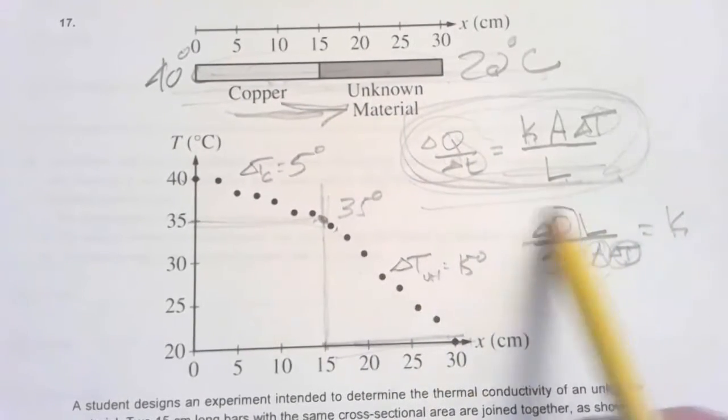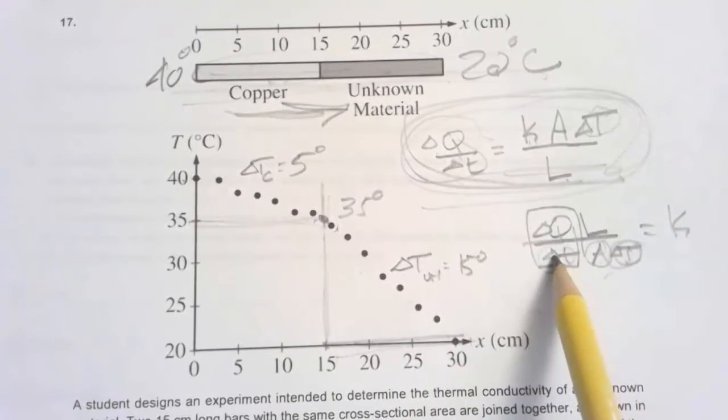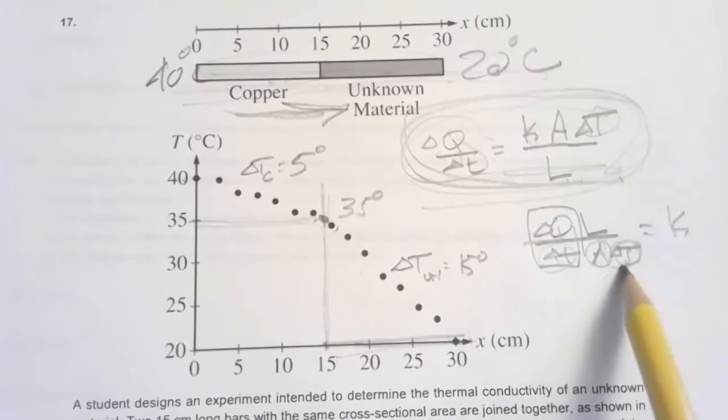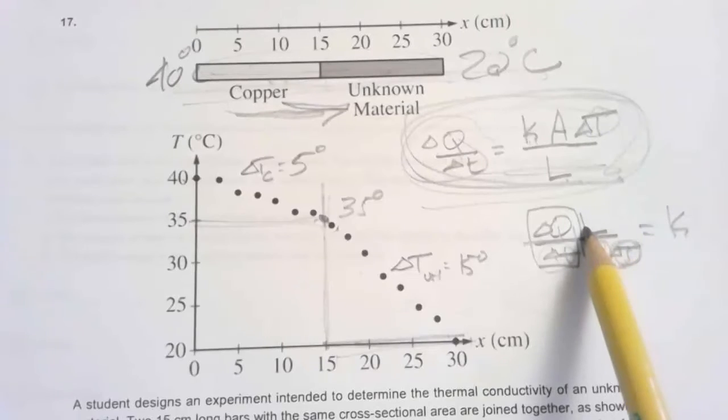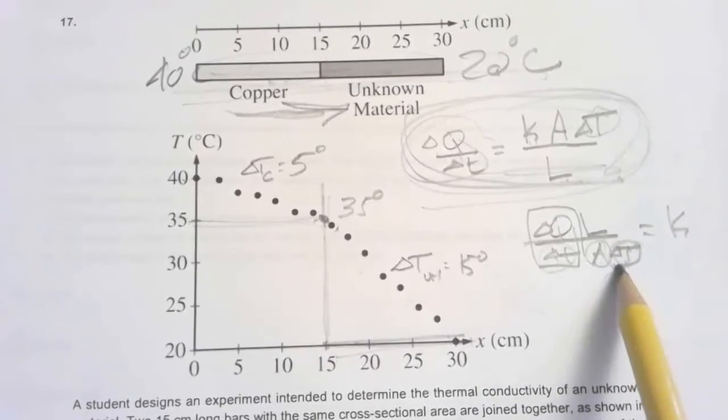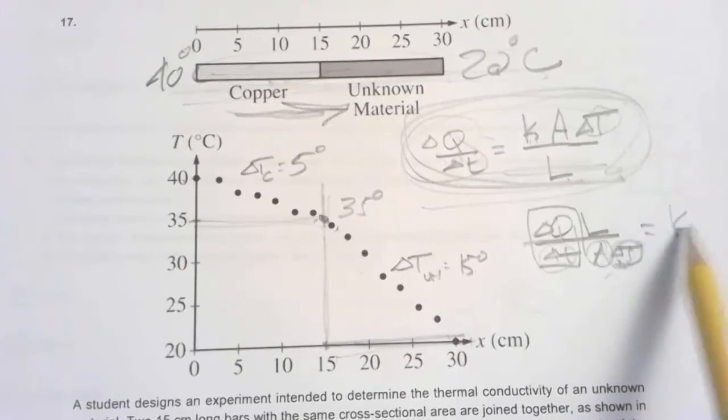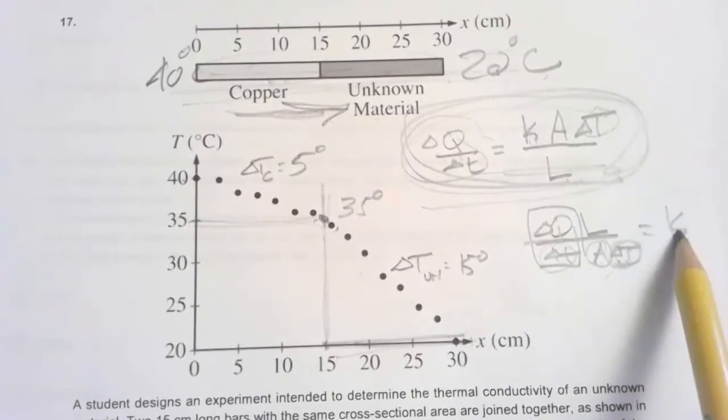That delta Q over delta t, what if that was the same for both? Areas are the same. Their delta T's are not the same. Their lengths are the same. So delta T would be in the bottom here, right? So whichever one has the bigger delta T has the smaller K value.